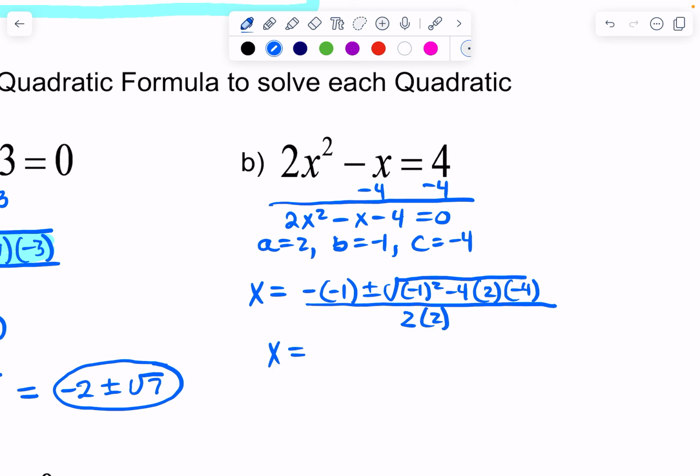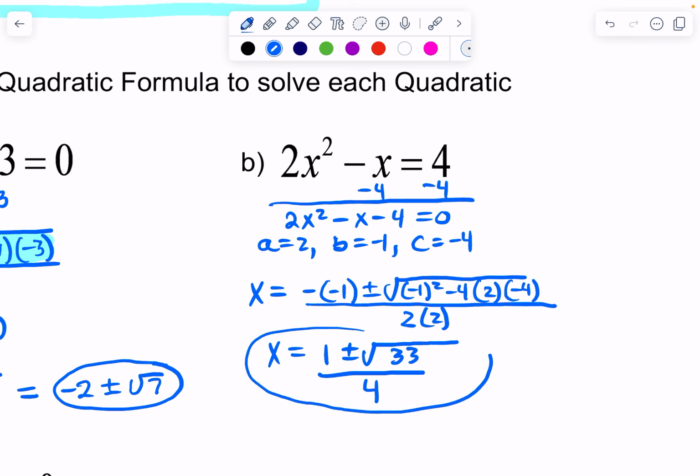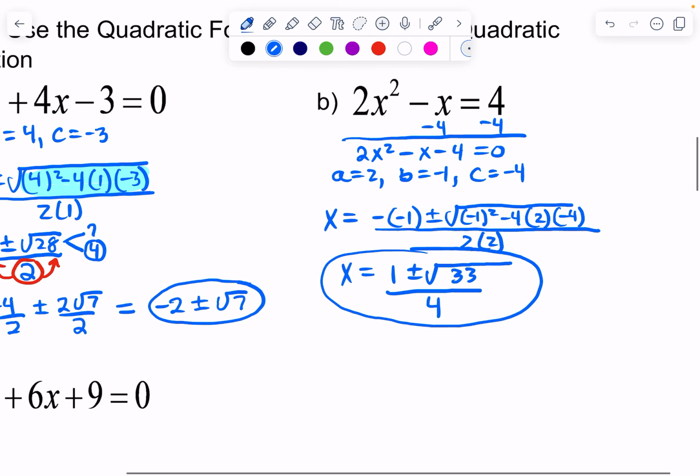So x is going to equal 1 plus or minus the square root of 1 plus 32, which is 33, over 4. And there you have it. x equals 1 plus or minus the square root of 33 over 4. If you cannot simplify the radical, then you can't simplify it, and that's your answer.